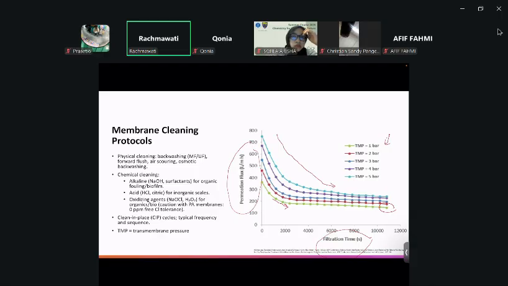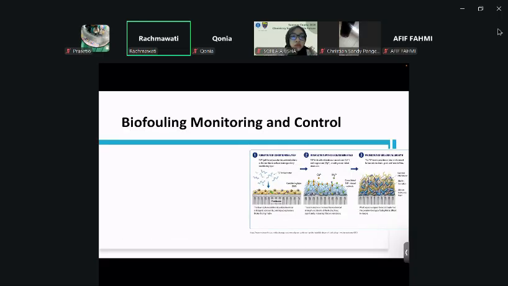Yeah. For example, if you are using higher transmembrane pressure, it reached this one after, let's say, 7,000 seconds. So you can also see that the use of higher transmembrane pressure might reduce the fouling.